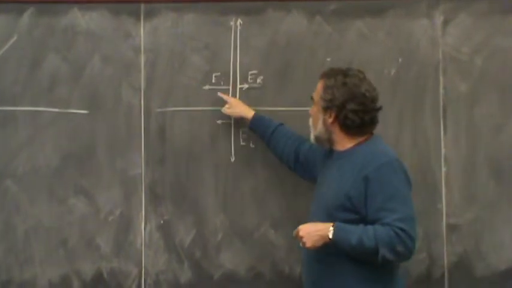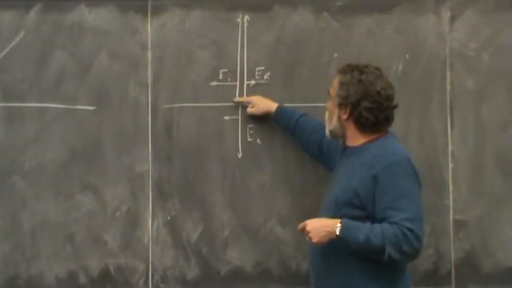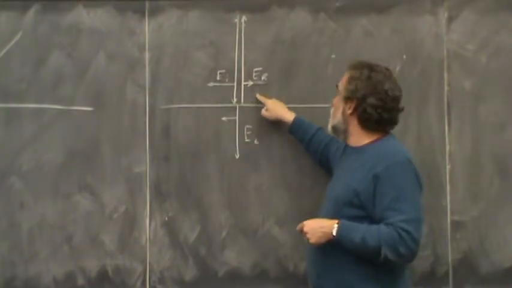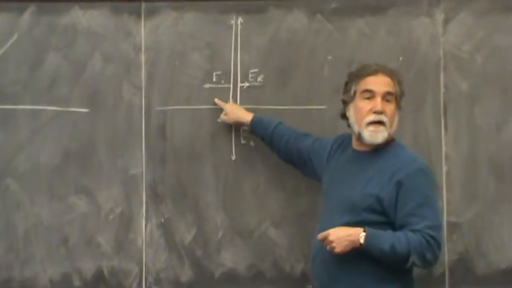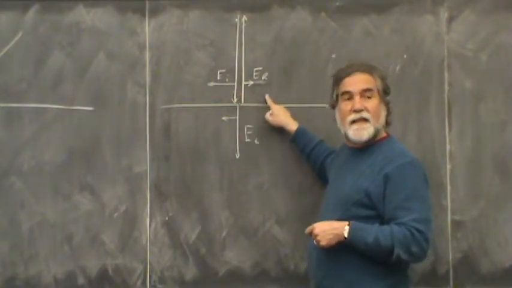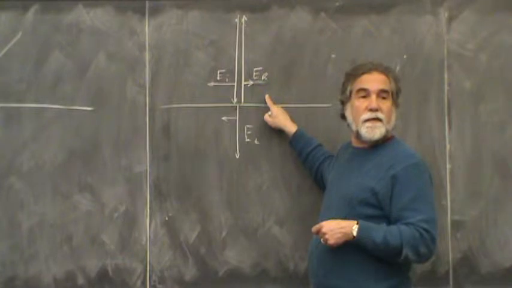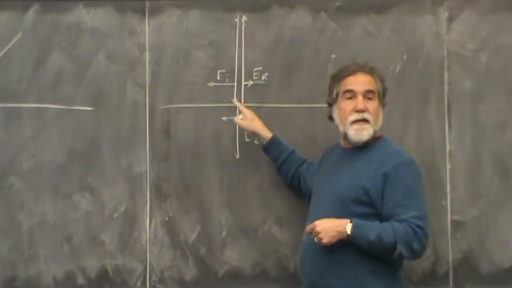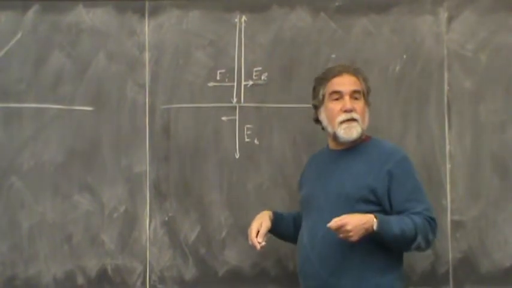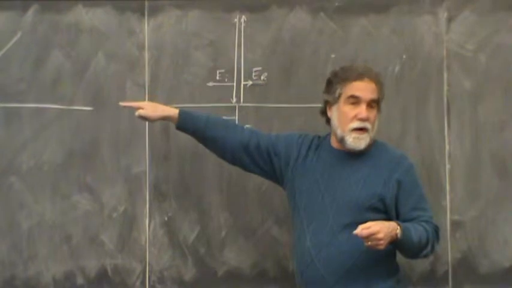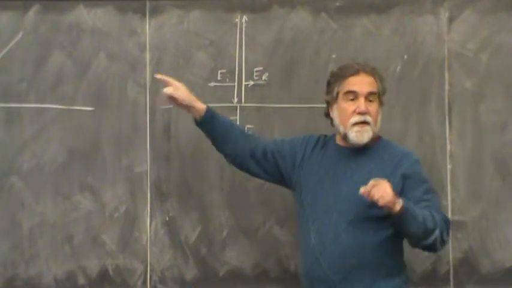And that means that the only way that all these fields can add up is if this field points in the opposite direction from that field. And some textbooks take that direction to be the positive direction for the reflected field, and others take the other direction to be the positive direction for the reflected field. And that'll put a minus sign there or not. Okay?